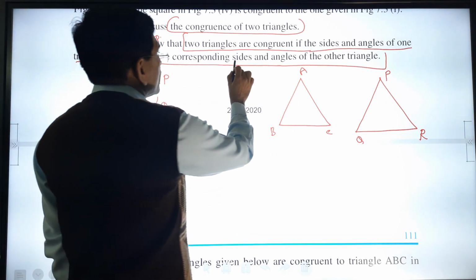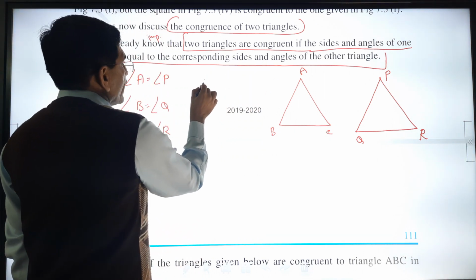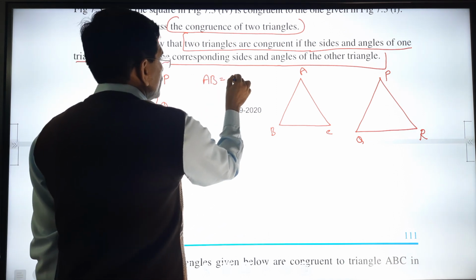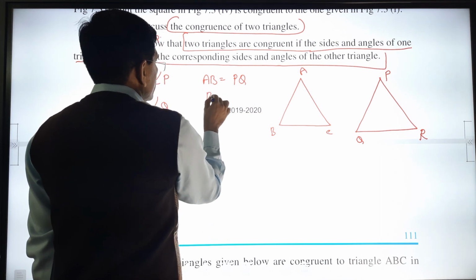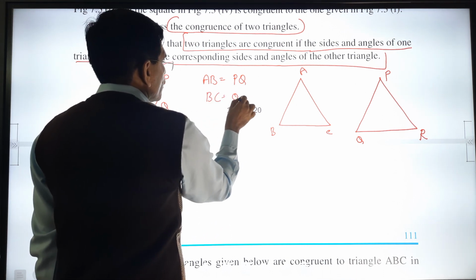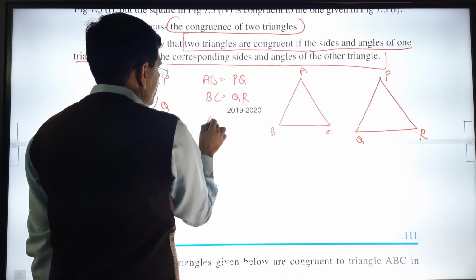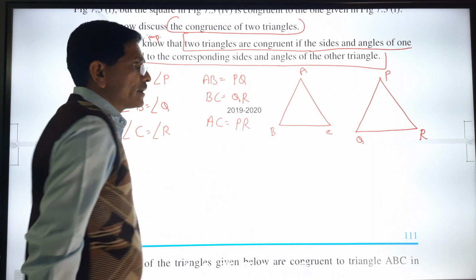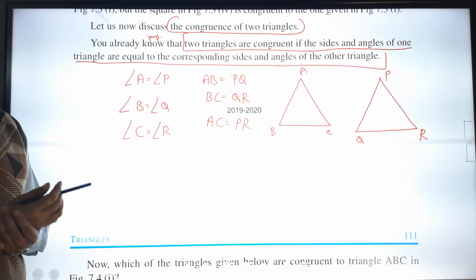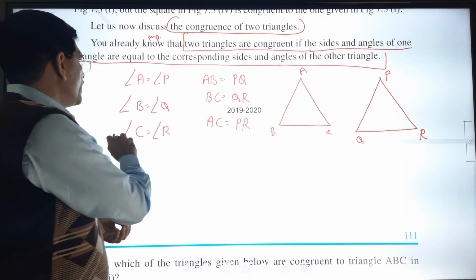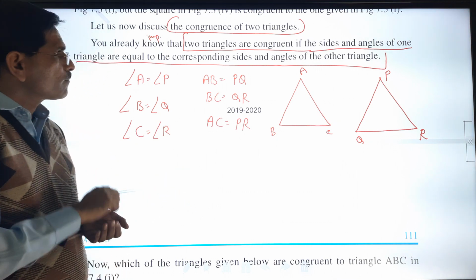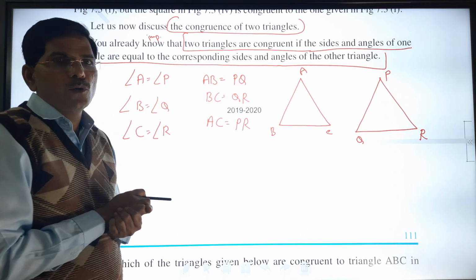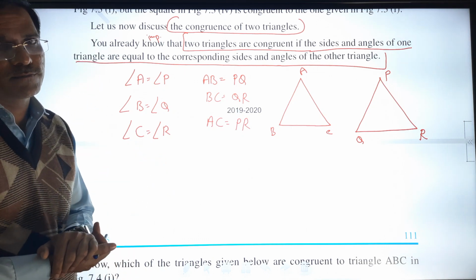Now with the sides: AB is equal to PQ, BC is equal to QR, and AC is equal to PR. Now all six respects are there: angle A with P, B with Q, C with R, AB equal to PQ, BC equal to QR, and AC equal to PR. So six respects are there.